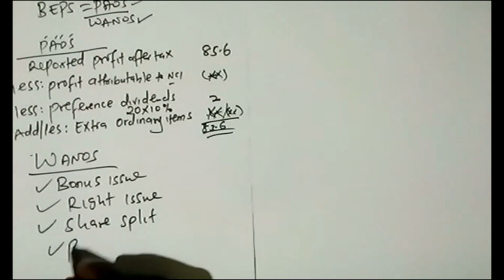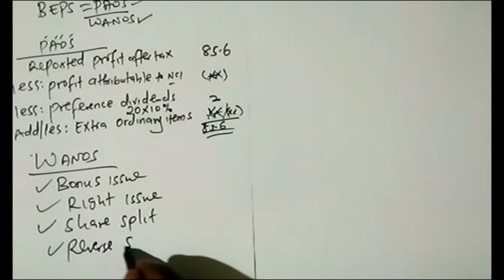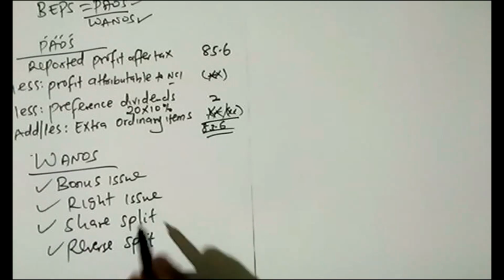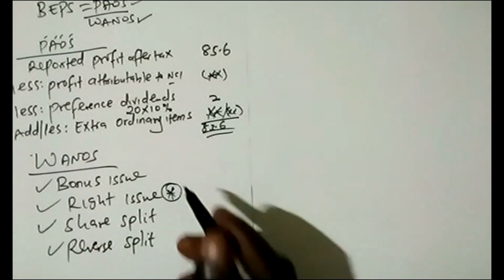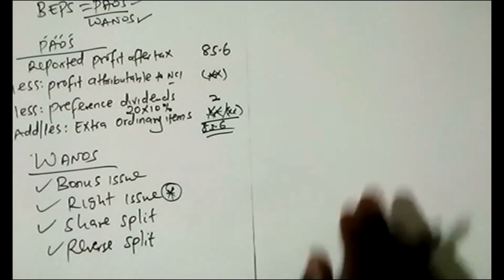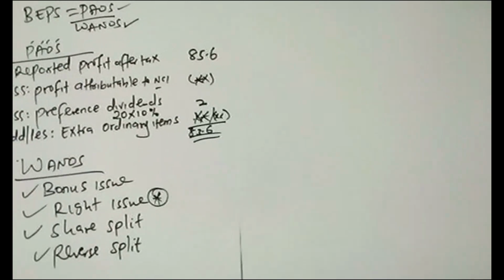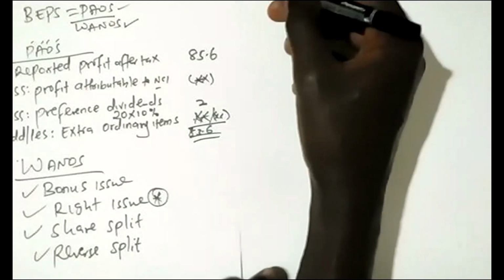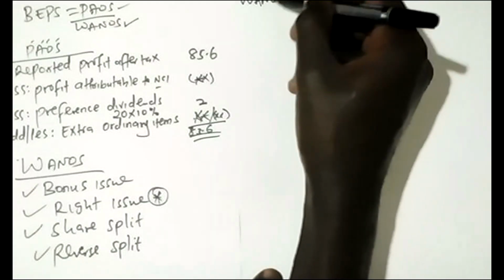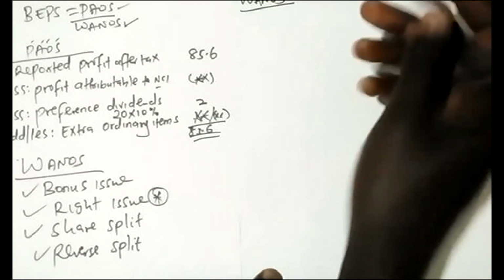Or is there a reverse split? In this question, the only thing there is the right issue. Once I read the question the first time, I identified that there was a right issue. And when there is this aspect of right issue, this is how you are supposed to get your figures.